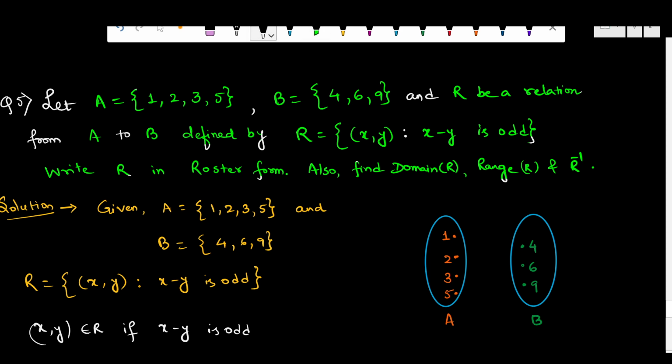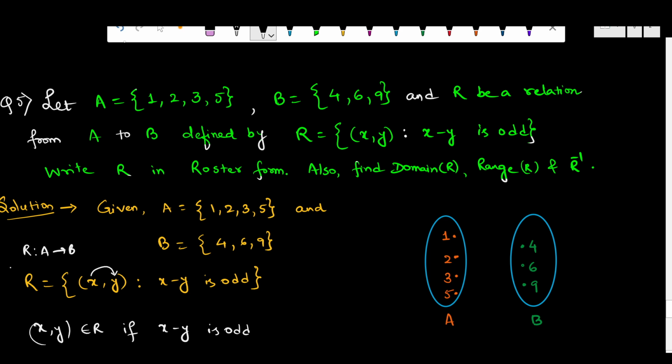Given is set A. Set A contains 1, 2, 3 and 5. Right? And set B contains 4, 6 and 9. We want to find R from A to B such that R contains all those ordered pairs where the first component minus the second component is odd.